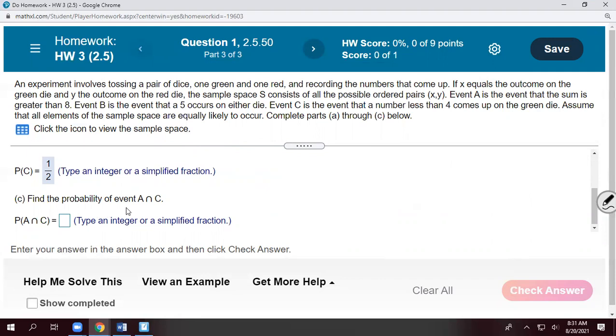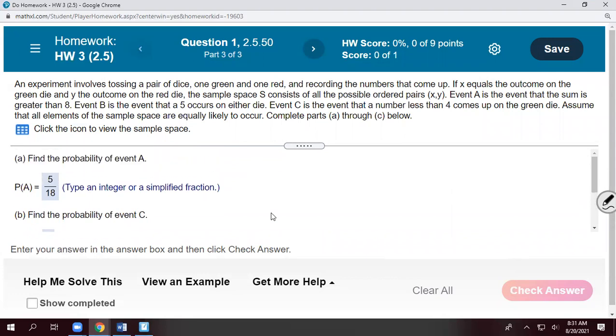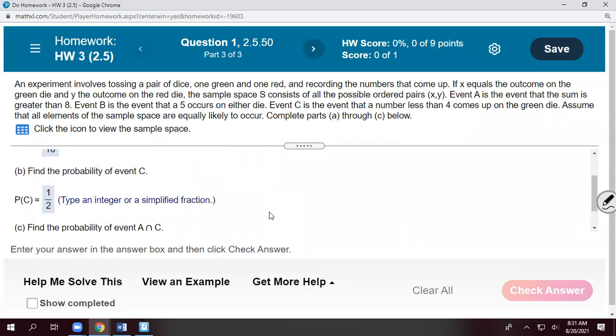Find the probability of the event A intersection C. Remember, intersection means and.